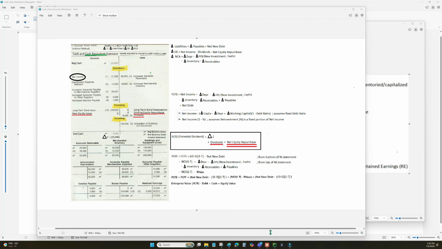Now when you go about doing the valuation based on free cash flow to the firm, you can determine the free cash flow to the firm year by year, indefinitely into the future, discounting back every one of those cash flows by the weighted average cost of capital.